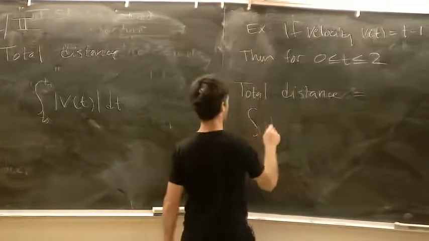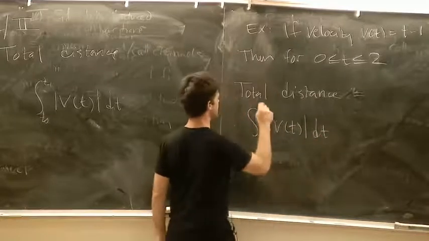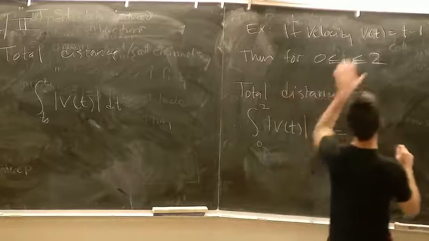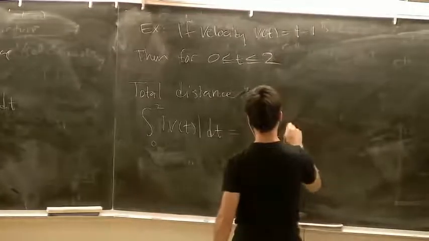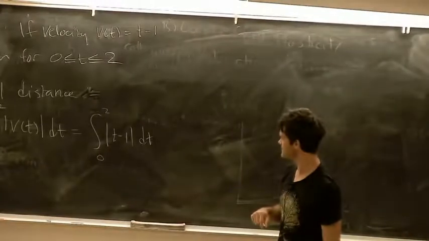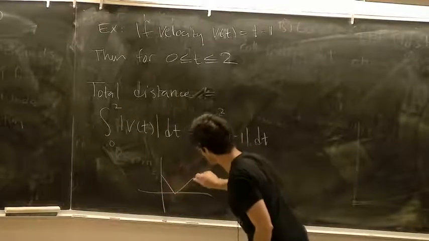That would be the integral of the absolute value as t goes from 0 to 2, which is the integral from 0 to 2 of the absolute value of t minus 1. The absolute value of t minus 1, by the way, looks like this.